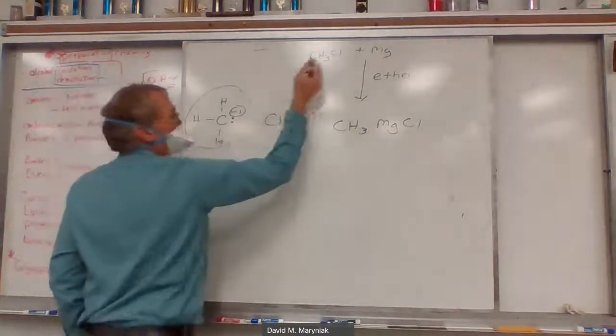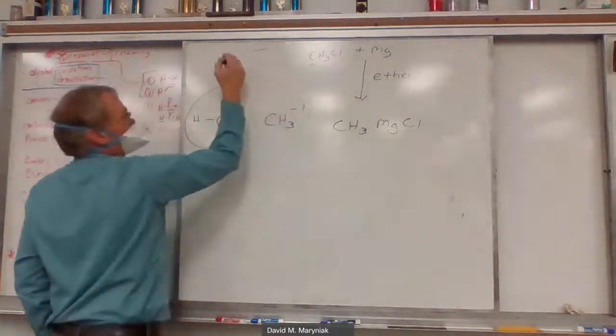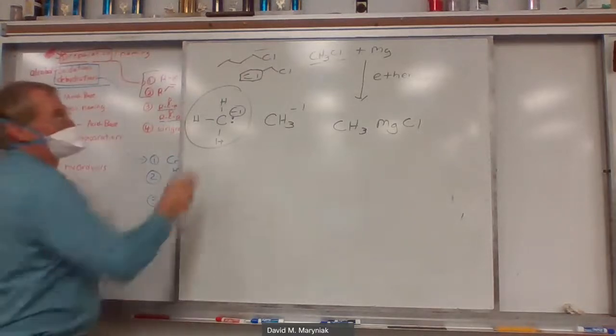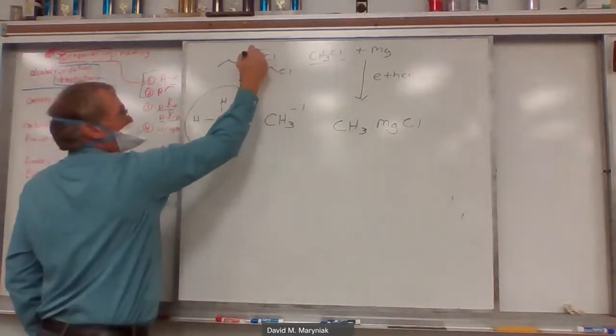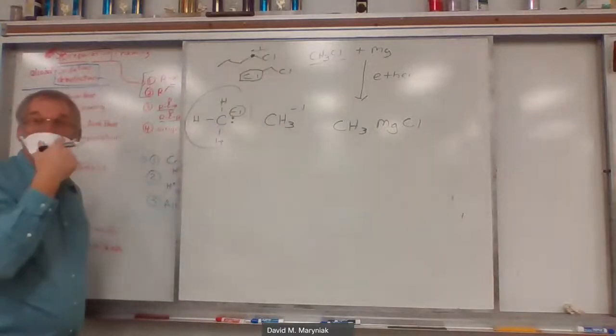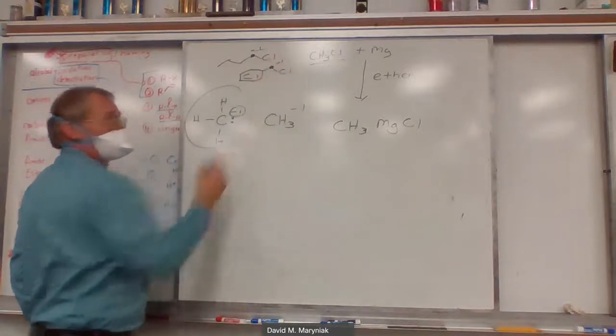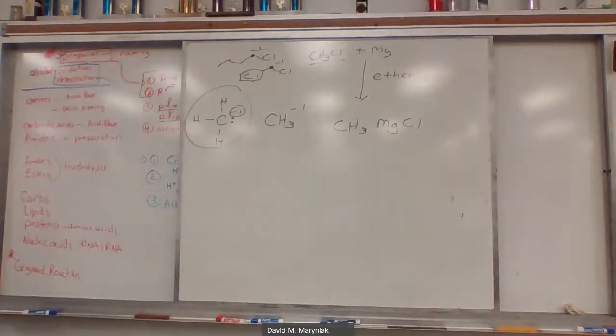And if we change this methyl chloride to butyl chloride or benzyl chloride, would you do the same analogous reaction? So if I use butyl chloride, would this carbon become the negative? If I use benzyl chloride, would that carbon become the negative? So do we have lots of halides that we can make Grignard reagents from?